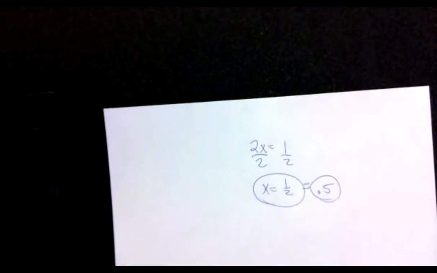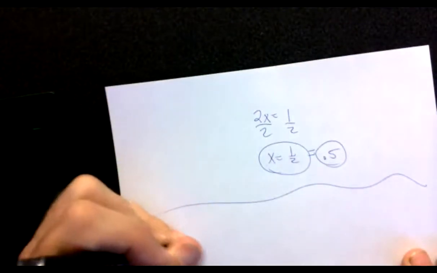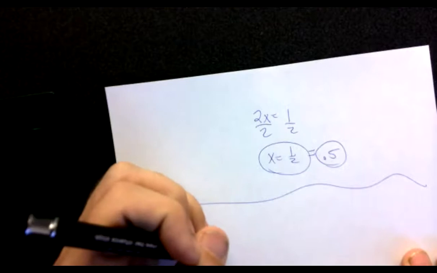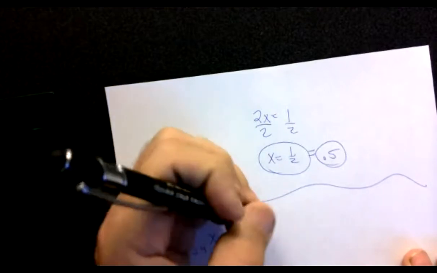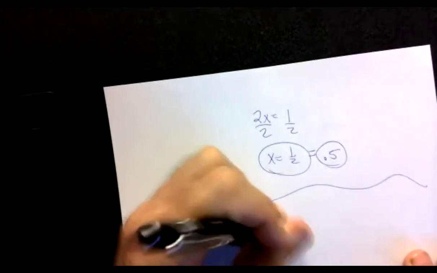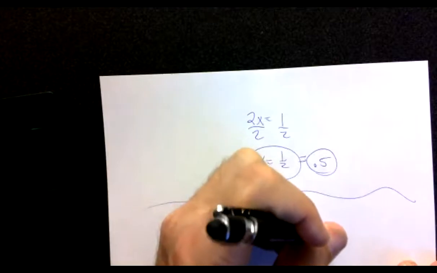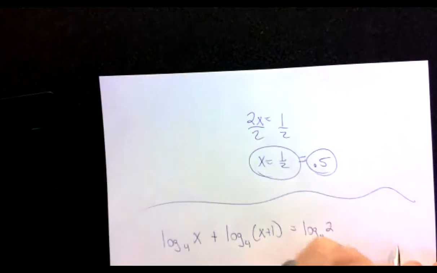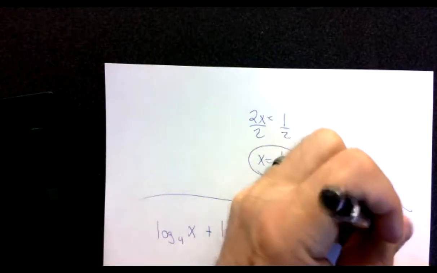Okay, yet again, the hairiest problem you're going to get within this chapter is something gross like so. We've got the log sub 4 of x plus the log sub 4 of x plus 1 equals the log sub 4 of 2 plus the log sub 4 of x plus 3.